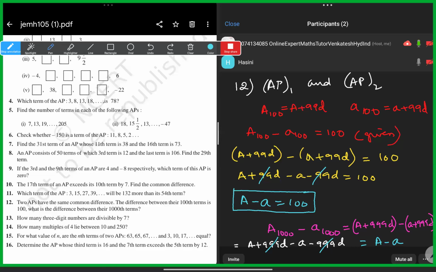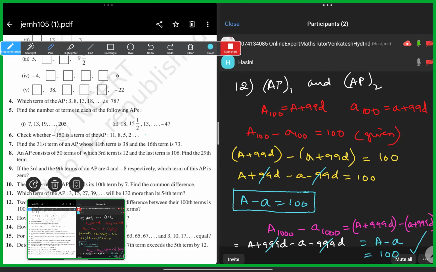We got it before. Capital A minus small a is 100. So that's the answer. The difference between the 1000th terms is also 100 only.